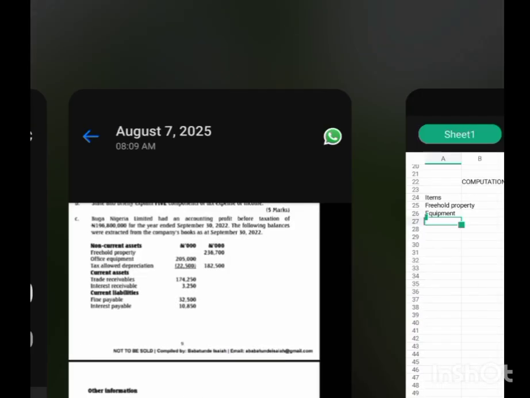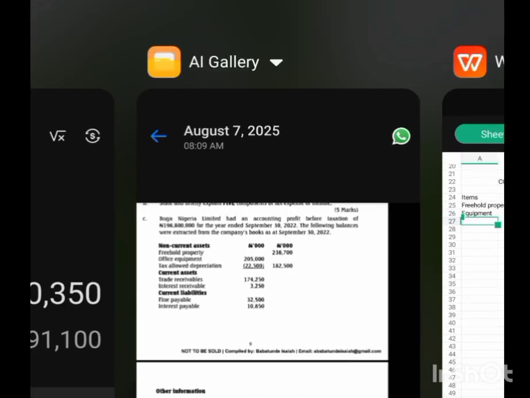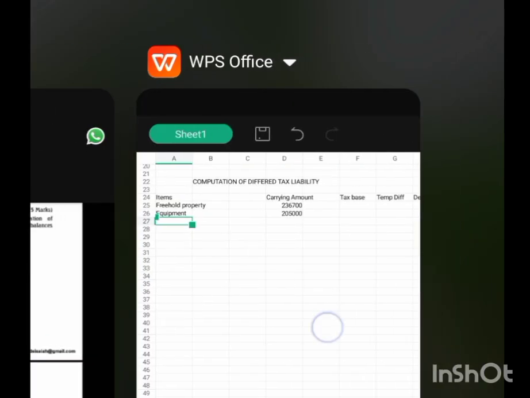We have trade receivable, which happens to be 174,250.